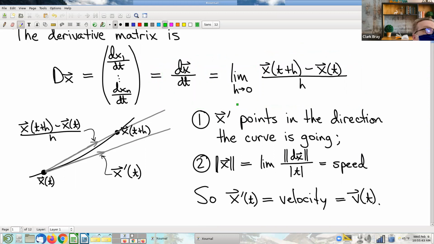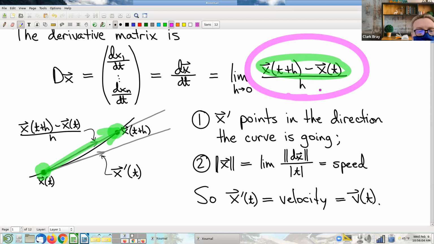And then we can geometrically start drawing pictures and try to figure out what this actually means. This numerator is the difference between one point on the curve and then some point h seconds later on the curve. When you divide by h, well, then you're going to get something parallel to that.